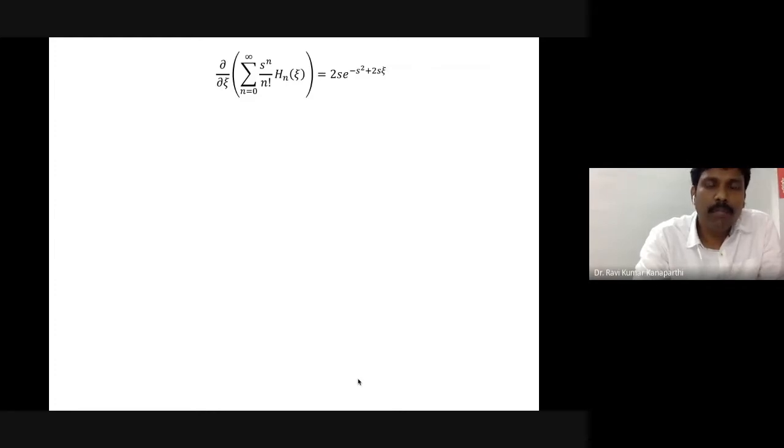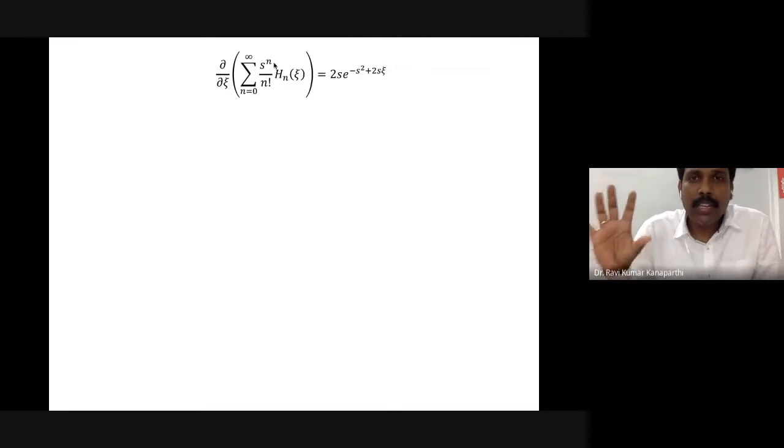So I can just replace the generating function with this one. So I can write e to the power minus s square plus 2sz, or I can write sigma n runs from 0 to infinity s to the power n by n factorial multiplied by Hn of z. Anything I can write, because all are related. On the right hand side, the 2s multiplied by e to the power minus s square plus 2sz remains the same.